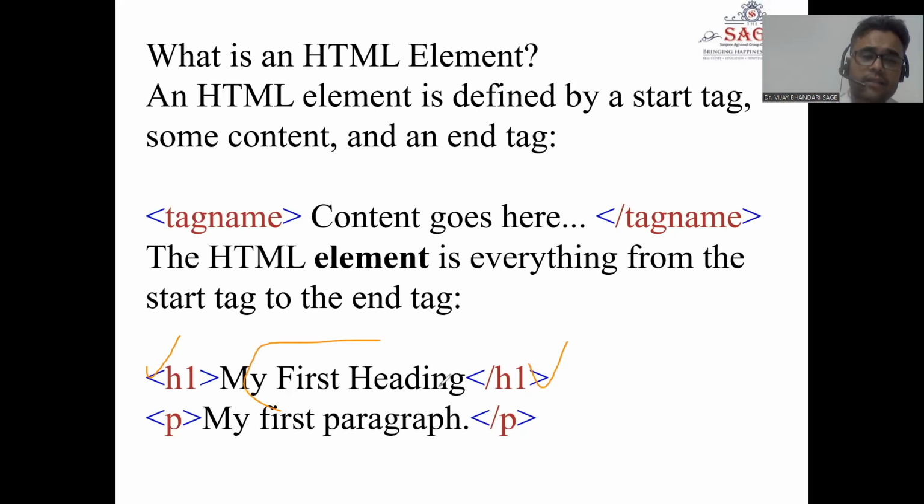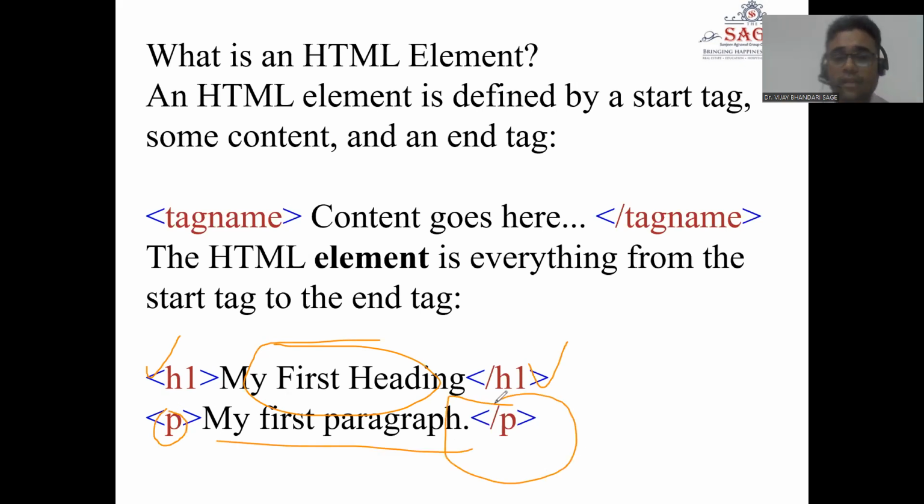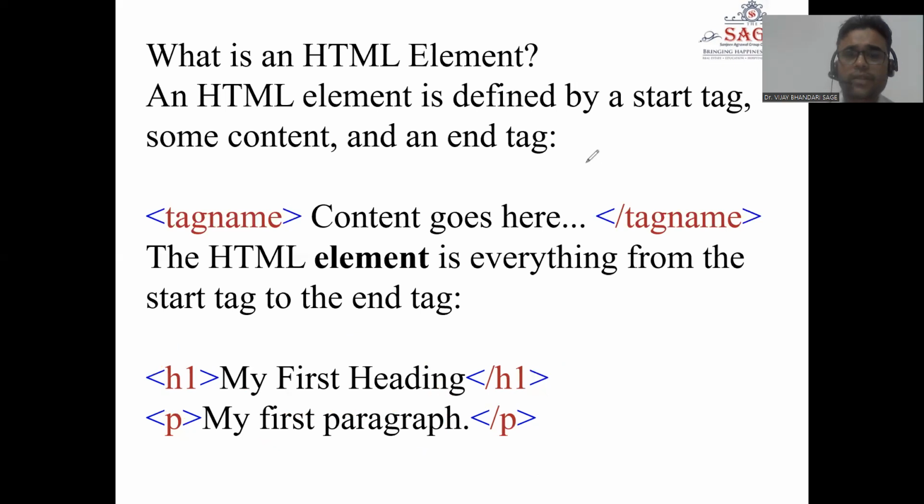So my first heading we are inserting, and in the paragraph, my first paragraph, and we are enclosing and ending the paragraph. So here you can understand all the things, and we can use some HTML elements in our web pages.